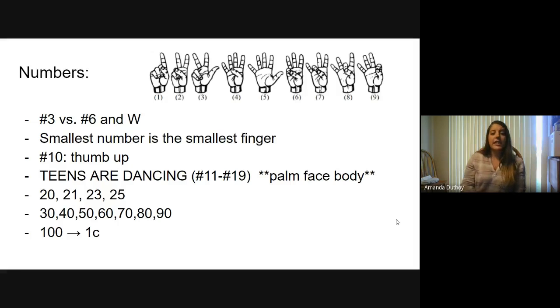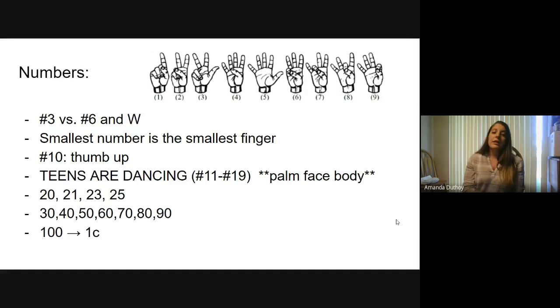Then we say the teens are dancing. Your palm faces you for these. You switch it so that it's facing you, and you got 11, 12, 13, 14, 15, 16 with a little flick. They're dancing. 17, 18, 19. So they're all dancing.